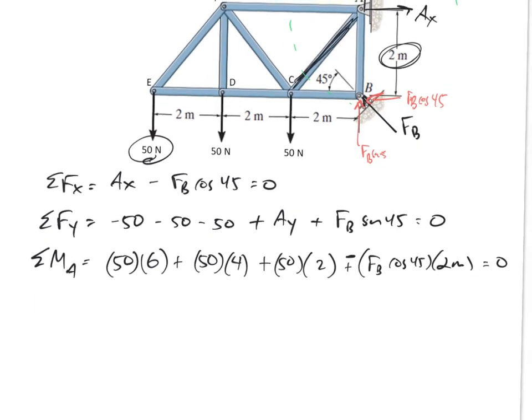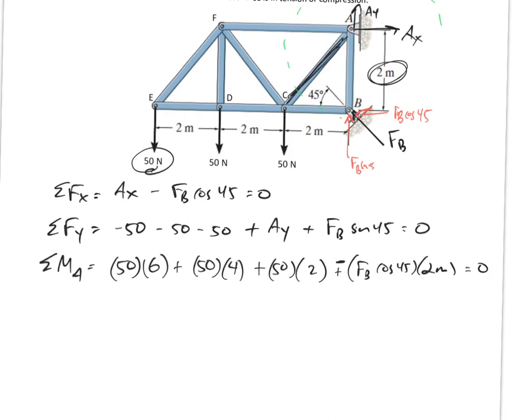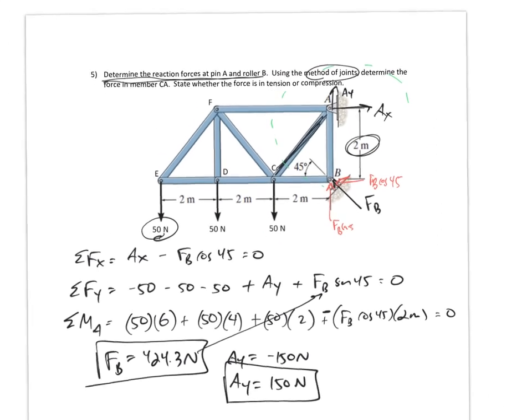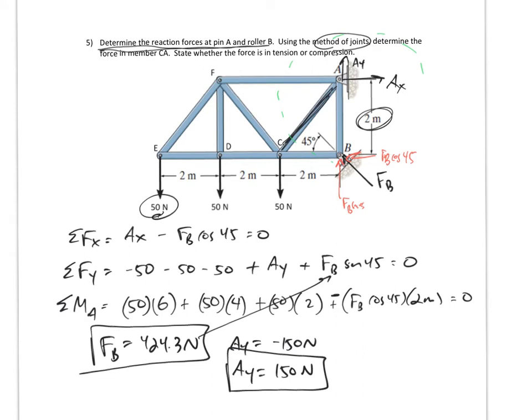Let me bring this up a little bit. So here I would get FB is 424.3 newtons. Then plug that in up here. AY is negative 150 newtons. So I want you to write AY is 150 newtons, and it is right here.